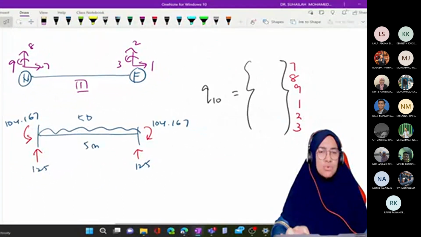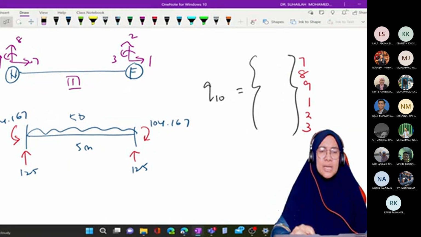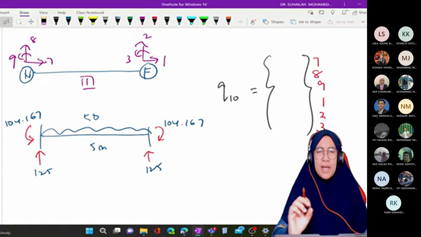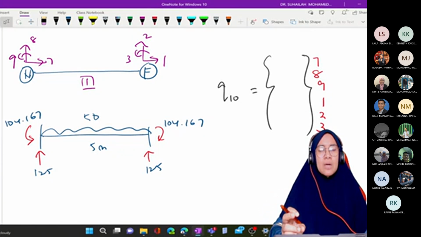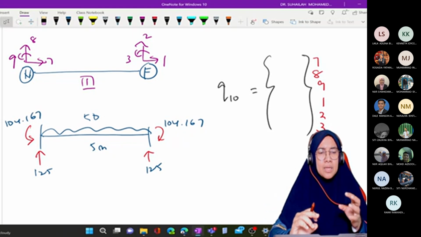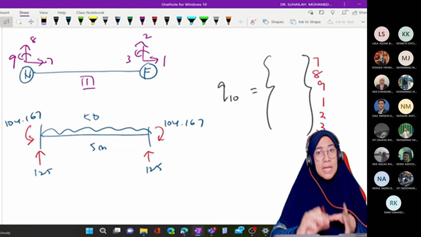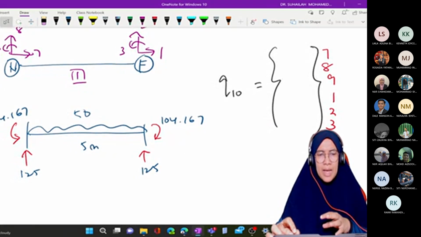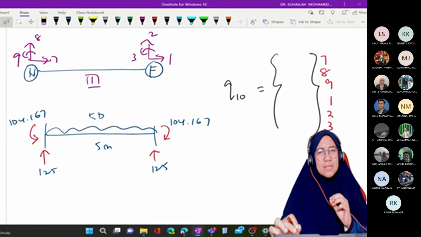So we compare these two diagrams. At position number 7, compare these two diagrams. If there is no value, we can find the value, so it will be 0. If the reaction is in the opposite direction, it will be negative. Same direction, it will be positive. So for Q1 naught at position number 7, what is the value?